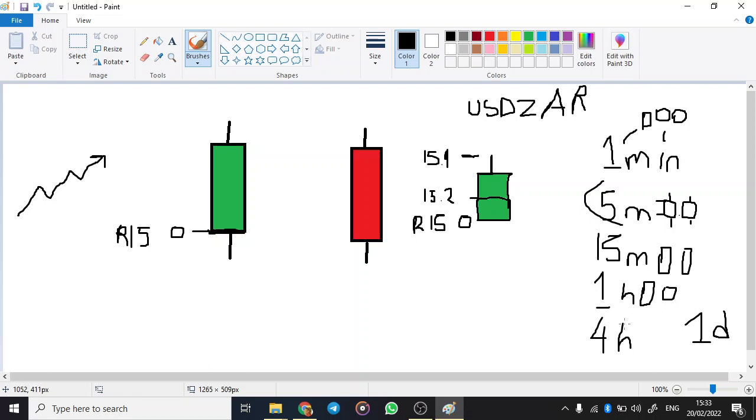Similarly, on this time frame we are going to see one candlestick being formed for 4 whole hours. And for the 1 day time frame, it is going to take an entire day, 24 hours, for one candlestick to be formed. Whether it will be a green or a red candlestick, the duration it will take will be an entire day for it to be fully formed.